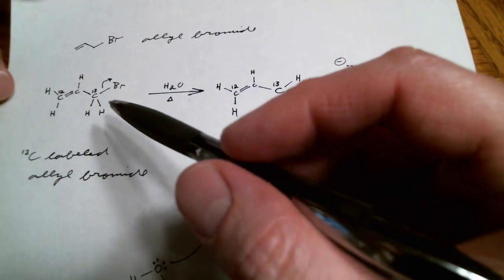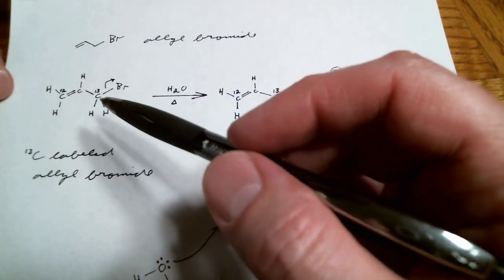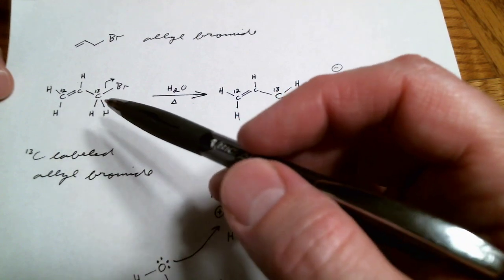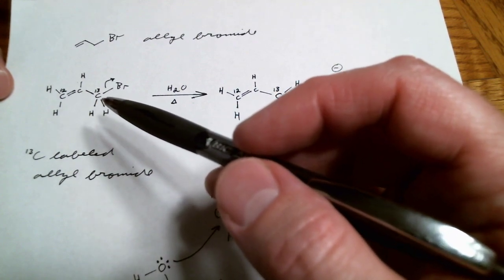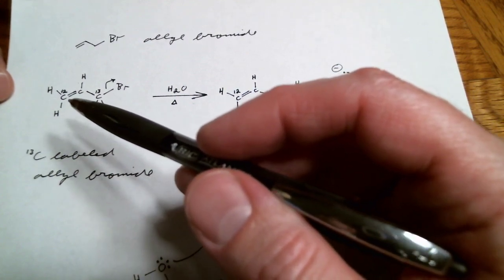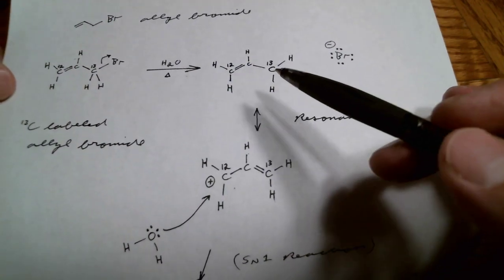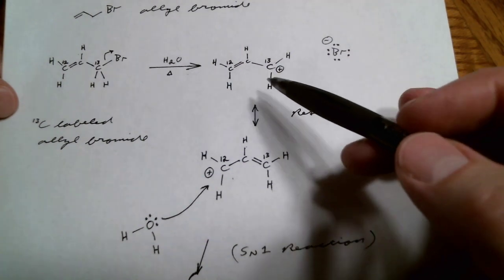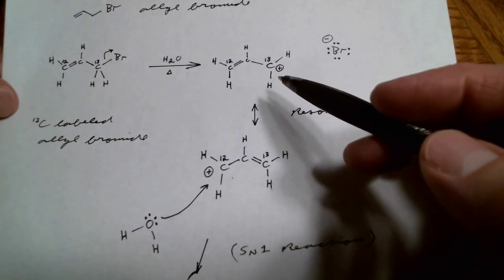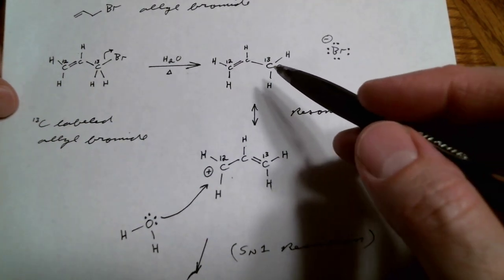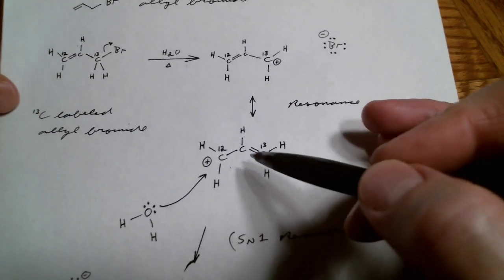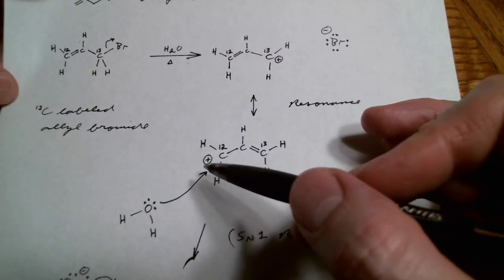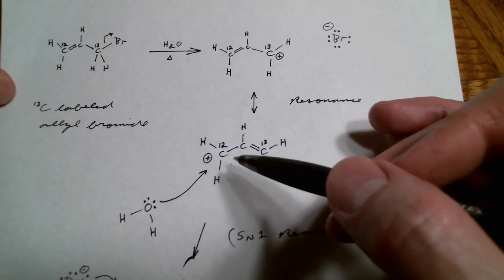If you're tricky about the way you've synthesized your allyl bromide, you might be able to label the terminal carbons, say make one carbon the 13 isotope and the other carbon the 12 isotope. Well, if our ideas about resonance are true, we won't just be limited to the resonance form where we've got a formal positive on the C13. We'll also have some form of this allyl cation where the formal positive is on C12.